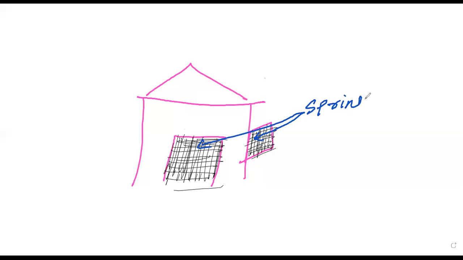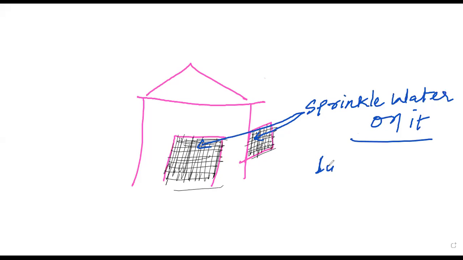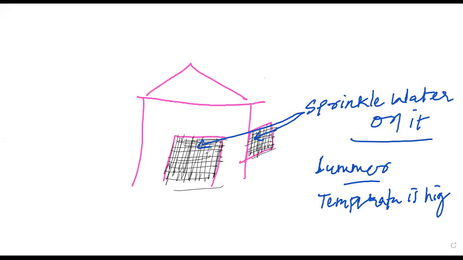You know that in summer we use this desert cooler, and that is why the temperature is high. So this water present on the desert cooler evaporates.